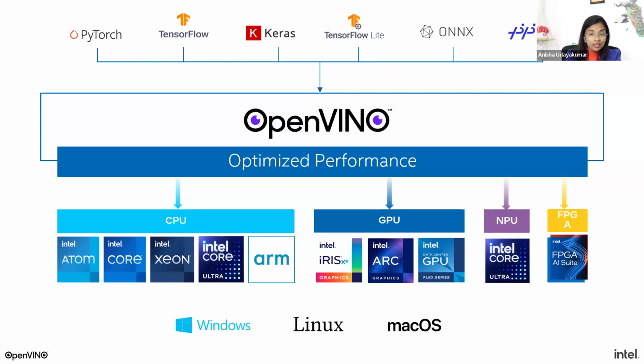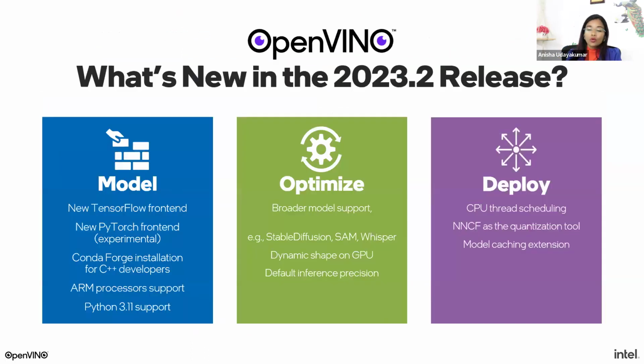We also have integrated GPUs and NPUs, neural processing units, which are specifically built for AI workloads, and FPGAs as well. Not just that, no matter which operating system you have, like Windows, Linux, or Mac, you'll be able to install OpenVINO and optimize your model.